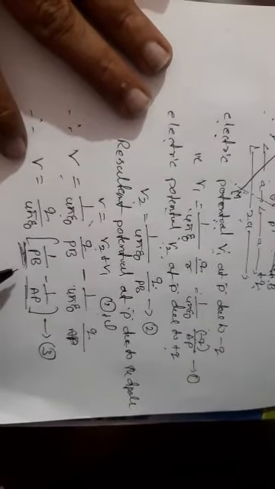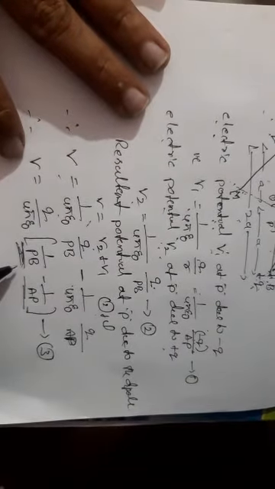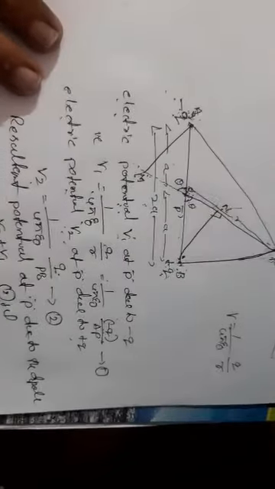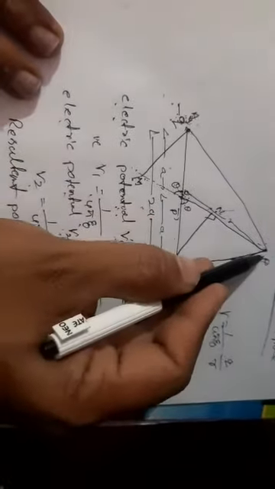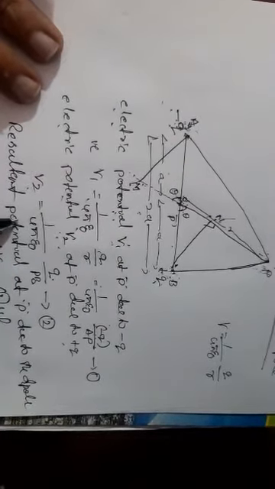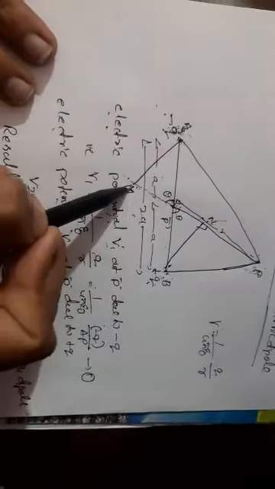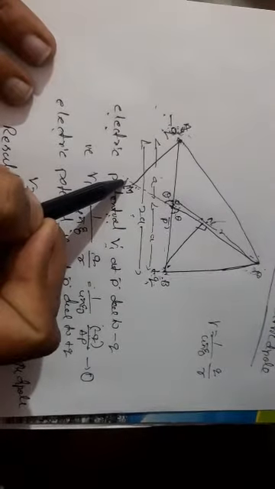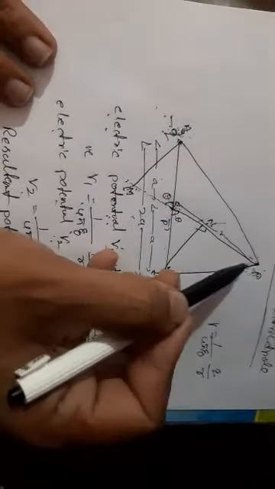How to find them? The BN line is perpendicular to OP, and the AM line is perpendicular to PO.